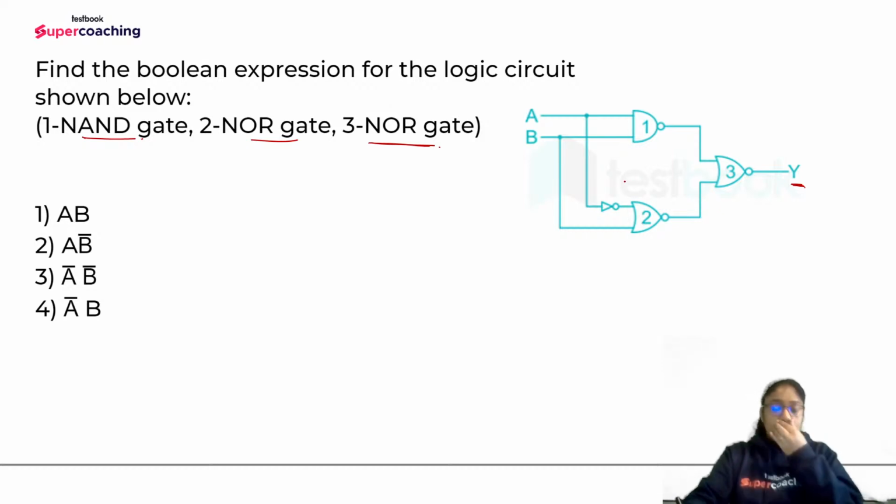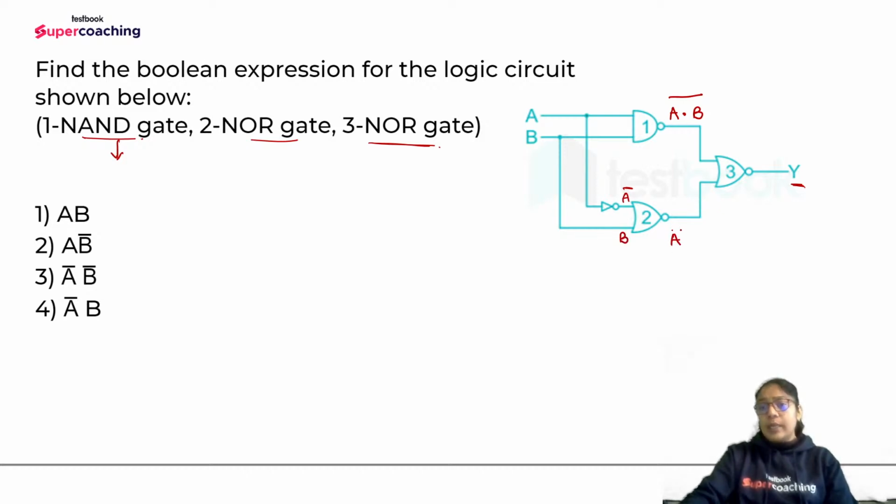Apply the inputs. What will be the output for the first NAND gate? Here we are getting A and B. This will be A NAND, B NOT. Here the output will be, this is NOR, so it's A. So this becomes A complement because the NOT gate is used. This is B. We have to take NOR.